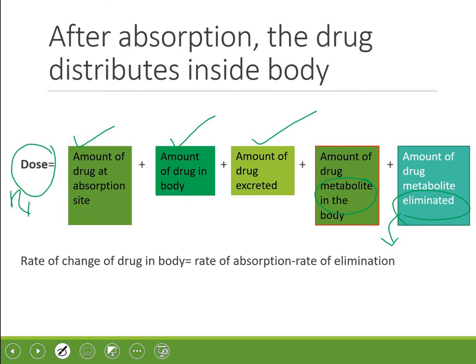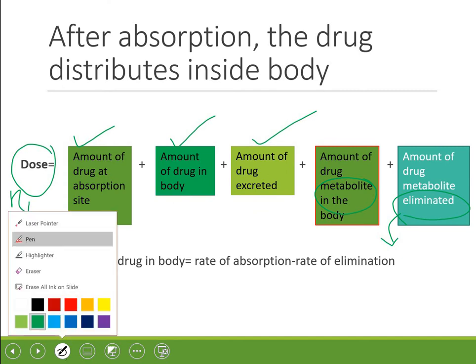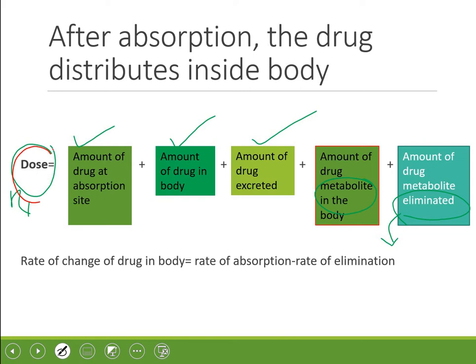So when you take the total dose inside the human body, what happens to it? The total dose is the amount of drug absorbed plus the amount of drug inside the body. Inside the body, it is in the blood, and it is in the tissues as well. But this is not so simple. When it reaches the blood, from the blood it reaches the tissues as well, and going from blood to tissue is called distribution.